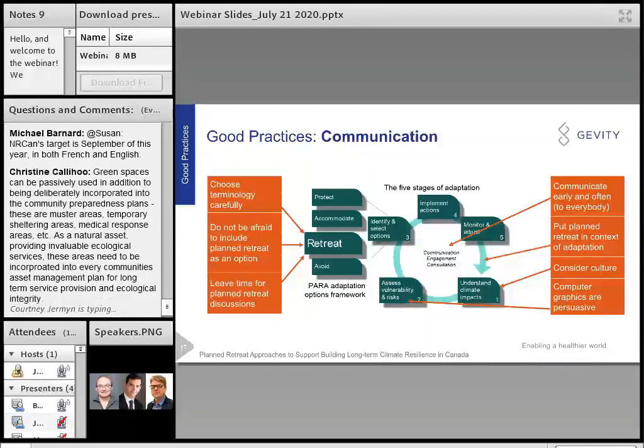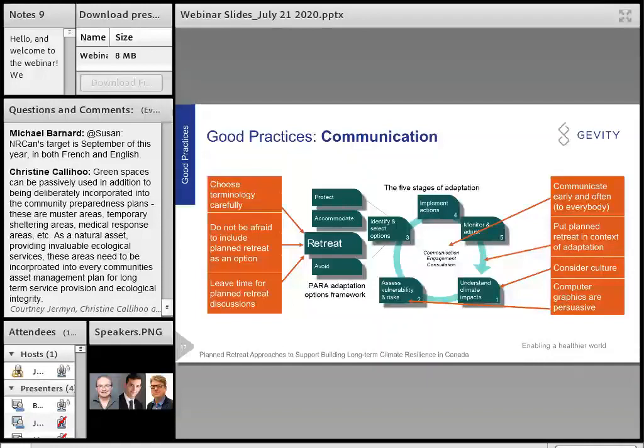Putting planned retreat in the context of adaptation. Maybe not pitching the idea of retreat as something that is reactive to the last disaster, but something that is more proactive for what we expect to come in the next 20, 30, 40, or 100 years.